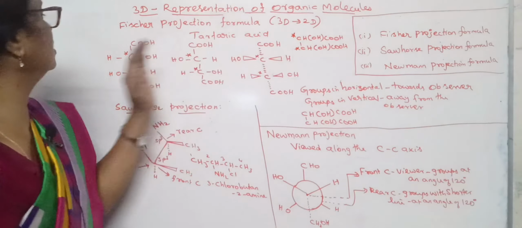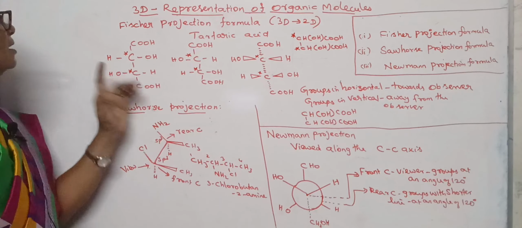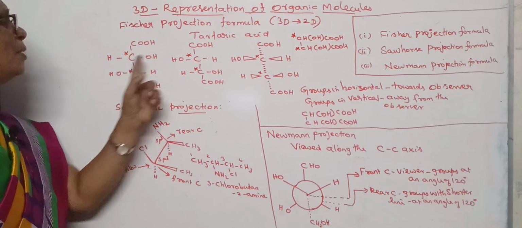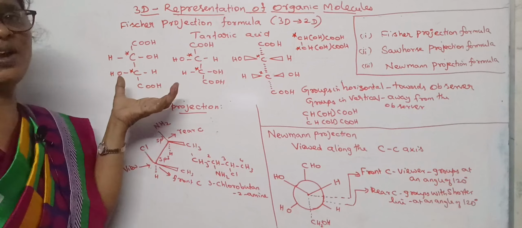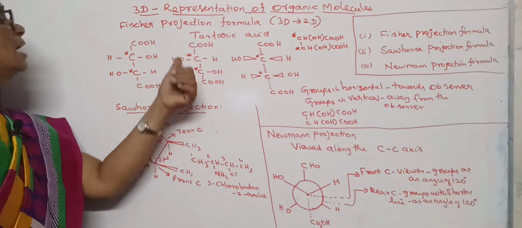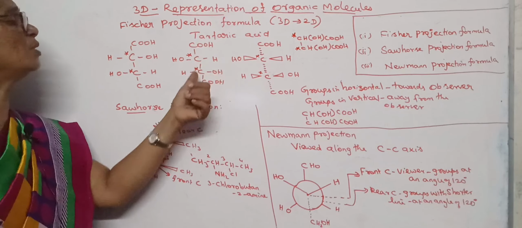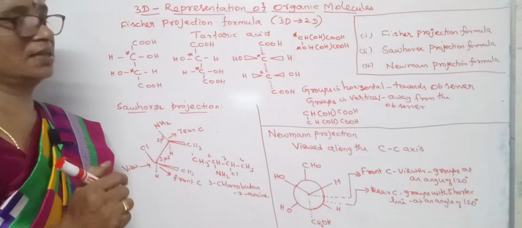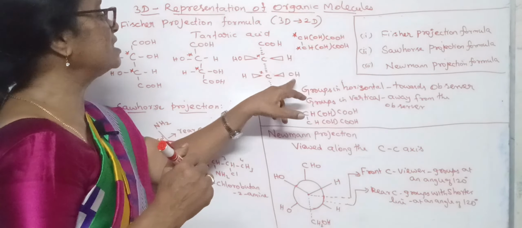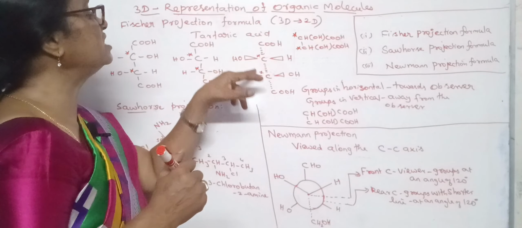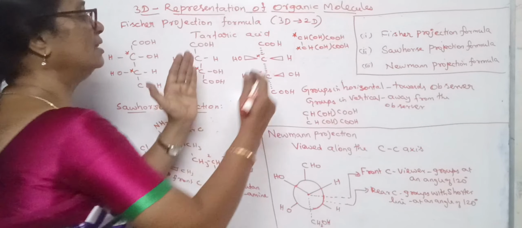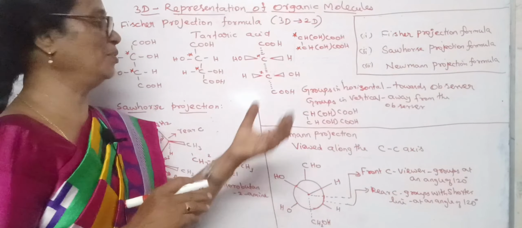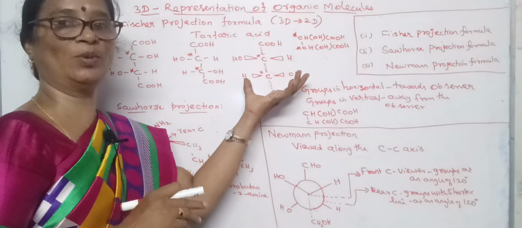So this molecule can be represented like this, or like this. These are nothing but two different ways of representing the groups of different substituents on the carbon. And you find over here, the groups given in wedge-shaped bonds represent groups lying towards the viewer, that is, the horizontal substituents.